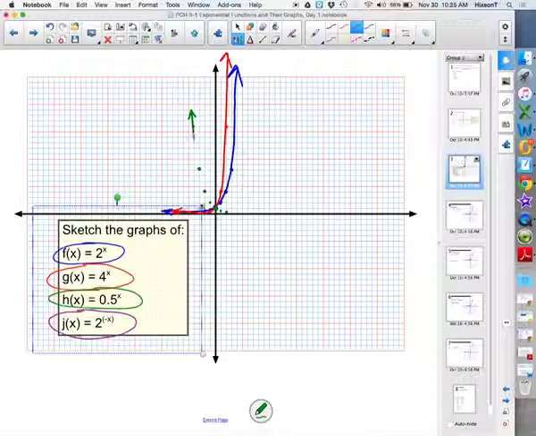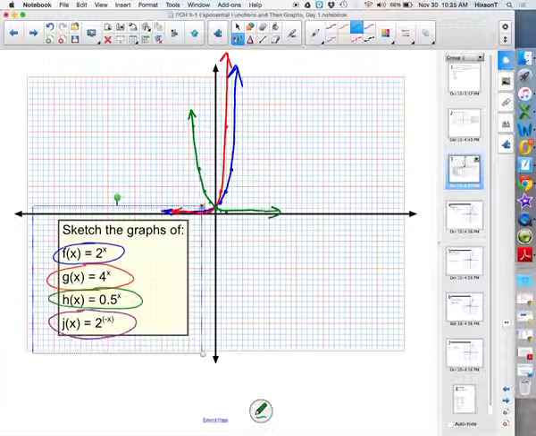So here is our function. That's a decay. It's going down, it's decreasing as x increases.